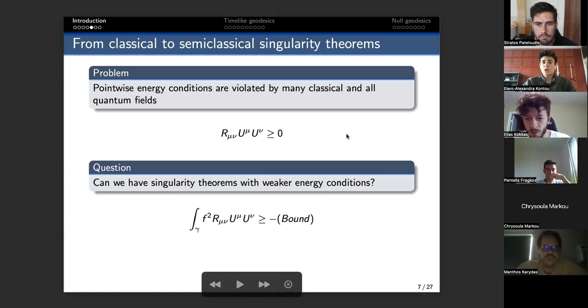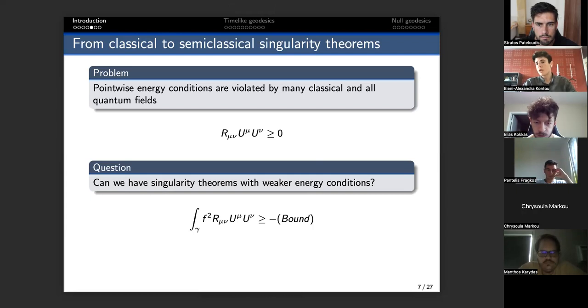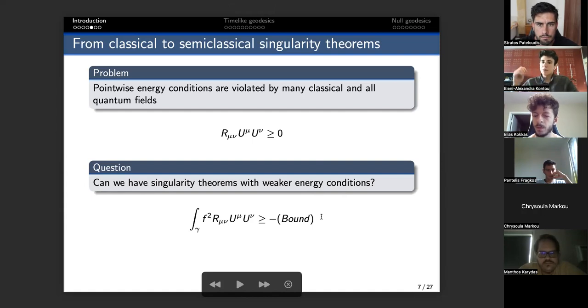So the first question is, can we have singularity theorem with weaker conditions? Specifically, the condition I will focus on is where we're integrating the Ricci tensor contracted with some time-like or null vectors smeared over some geodesic. And then we also have a smearing function f.